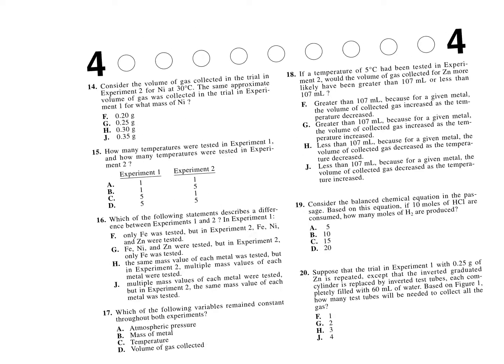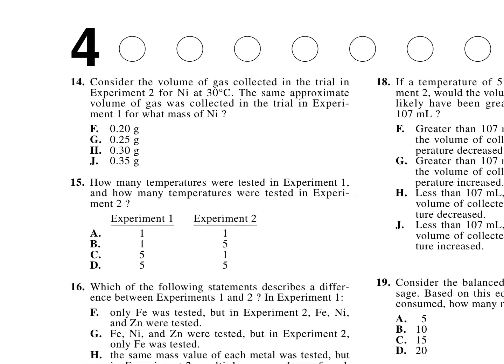So again, things I'm going to look for. Look it up questions. Does it tell me exactly where to go? Okay. So this particular one, number 14, it says experiment 2, but it also says in the trial in experiment 1. That's a comparison question.